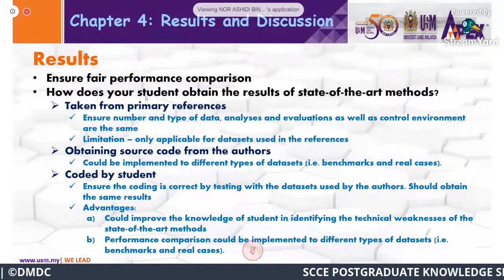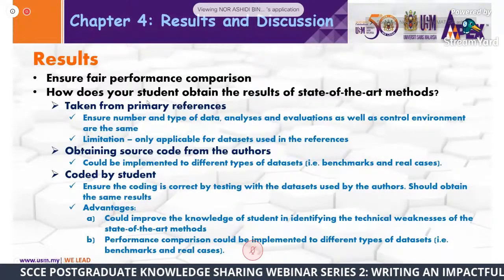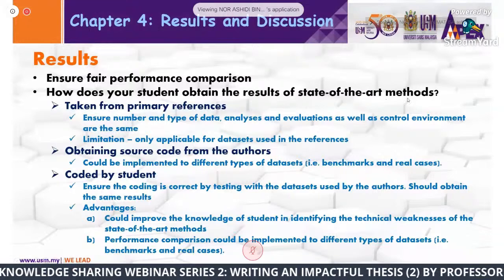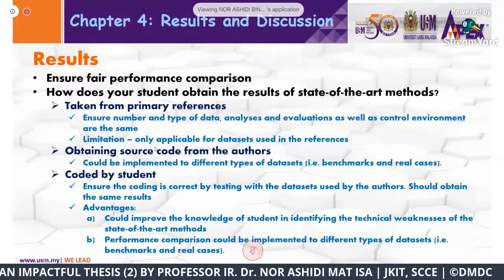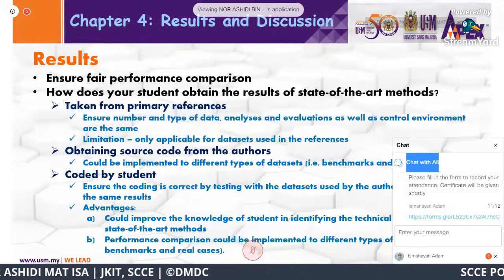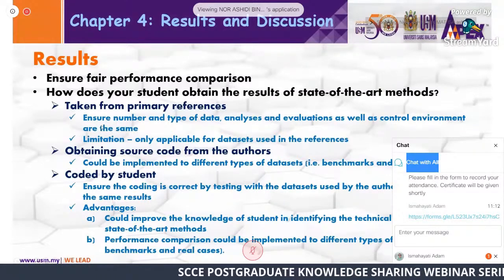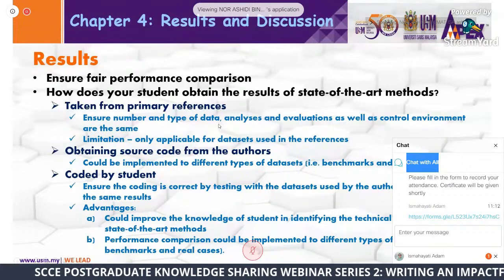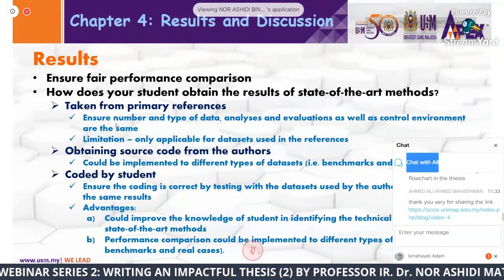How do you obtain the results from other works? You take them from the primary references, meaning that you email the authors. You take it from the primary source, meaning that you make sure that the number and types of data, analysis and evaluation, as well as the control environment, are the same.